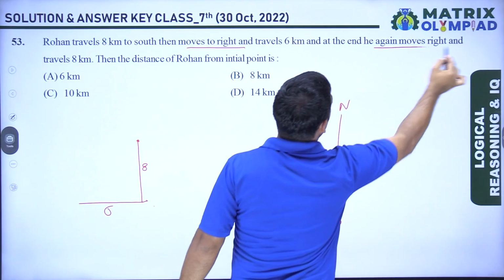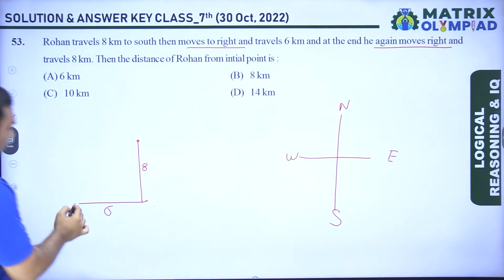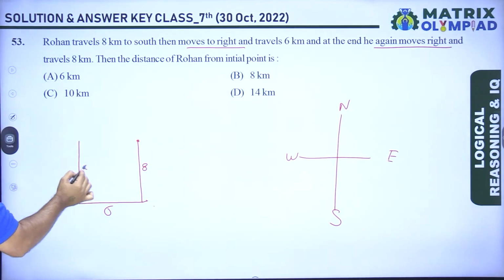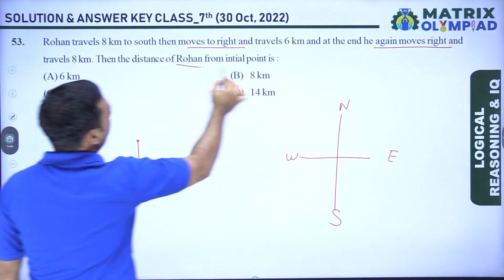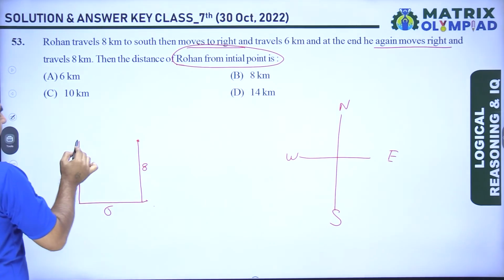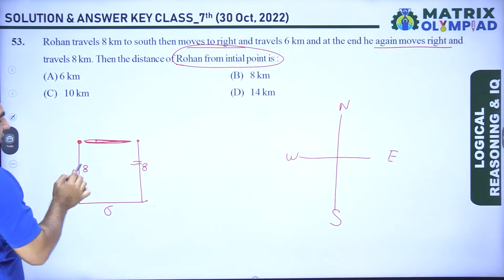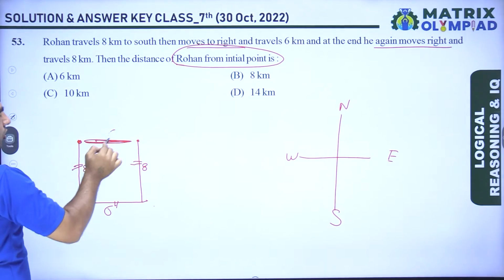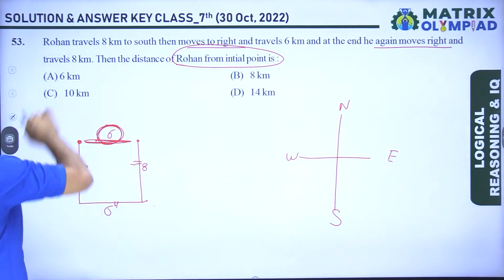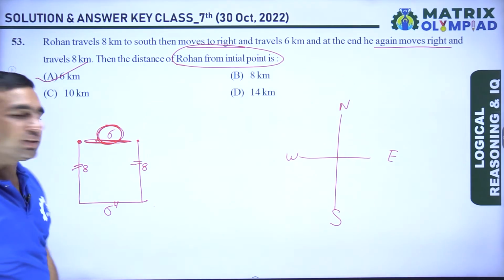At the end, he again moves right and walks 8 km. Then the distance of Rohan from the initial point is this. If this is 8, this is also 8. If this is 6, this is also 6. Our distance is 6 km. Option A is the correct answer.